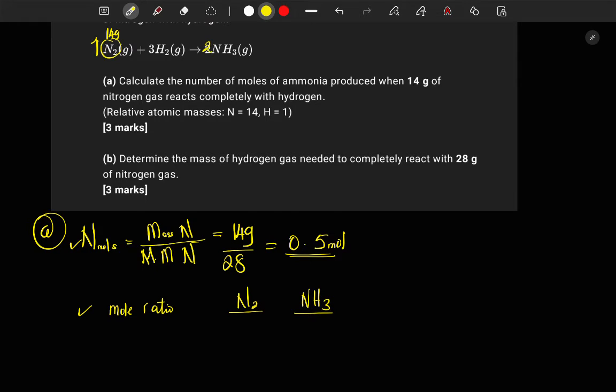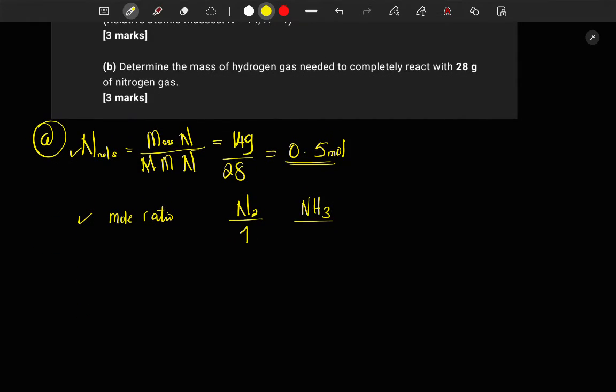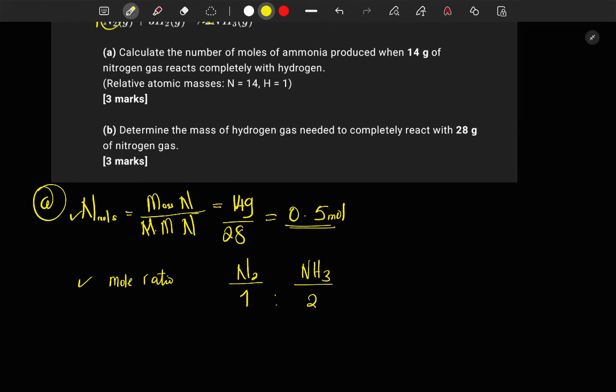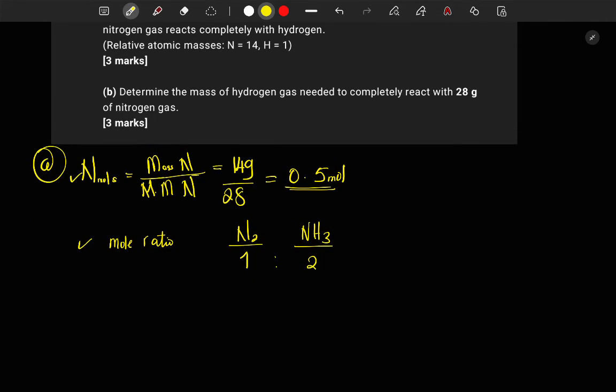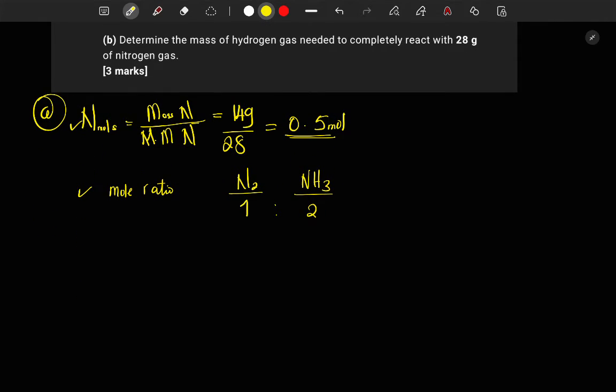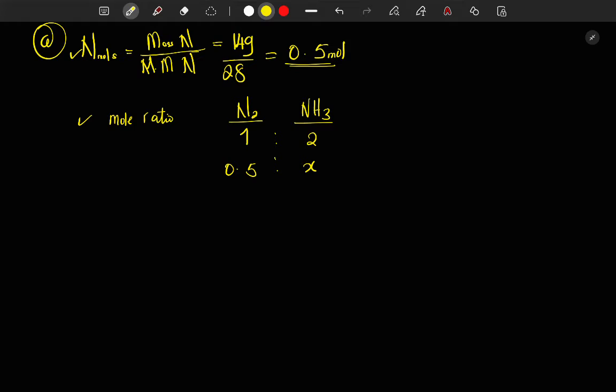For ammonia, the number in front is 2. So the ratio is 1 to 2. Next, what is the number of moles that we found for nitrogen? We found 0.5, and there is X. So the number of moles for ammonia will be equal to 2 times 0.5, which is just 1 mole.